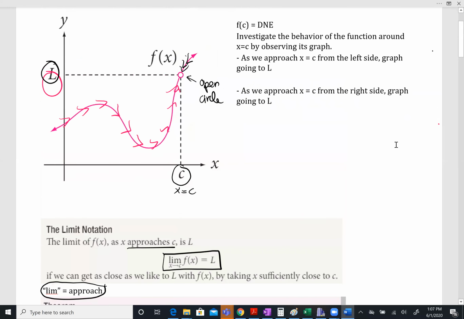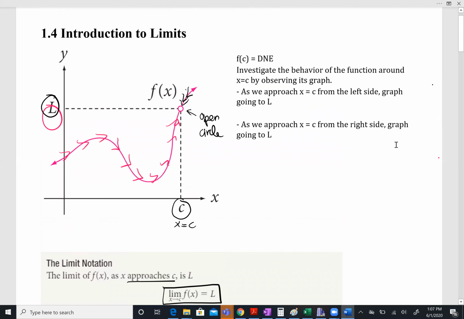Let me write it down here for you to make sure you know that. So it is the limit of f(x) when x approaches c from the left hand side, which is negative here, will be equal to L. And same thing for this. I have the limit of f(x) when x approaches c from the right hand side will also be equal to L.